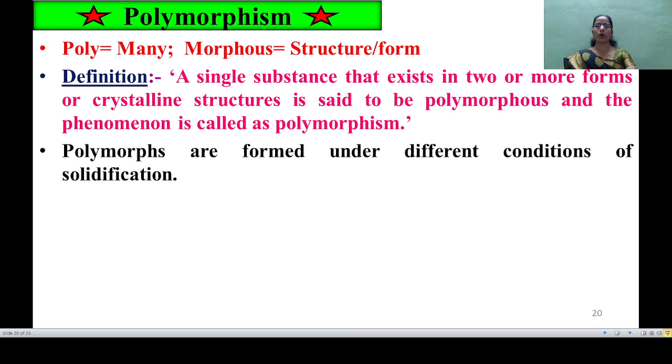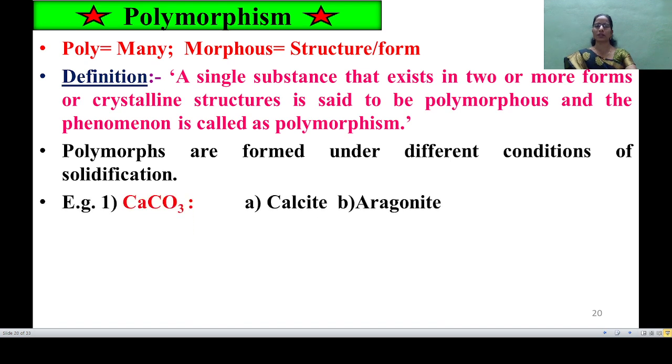Here, the polymorphs are formed under different conditions of solidification. Means during solidification, if there are different conditions of temperature and pressure, then we get different crystal structures of the same substance. For example, calcium carbonate.